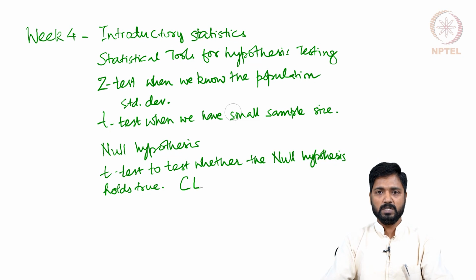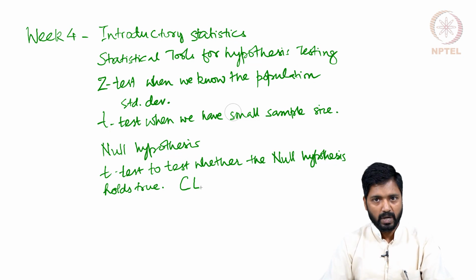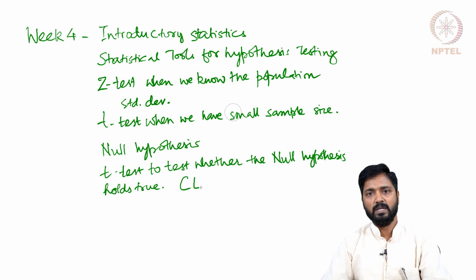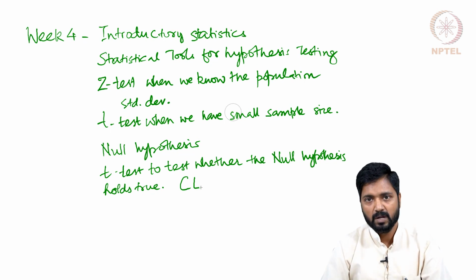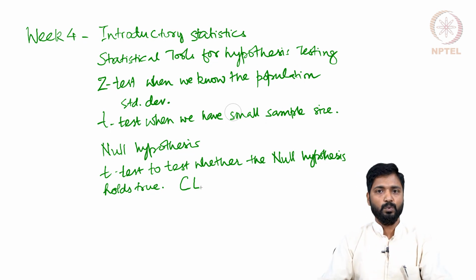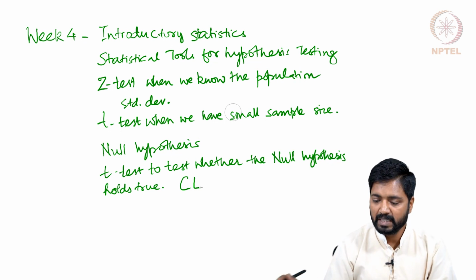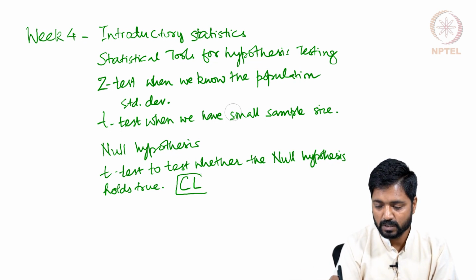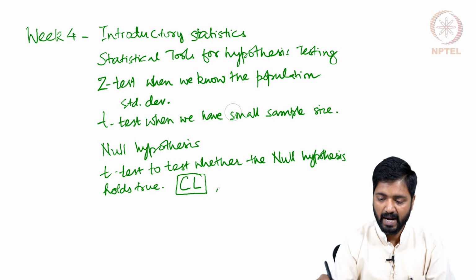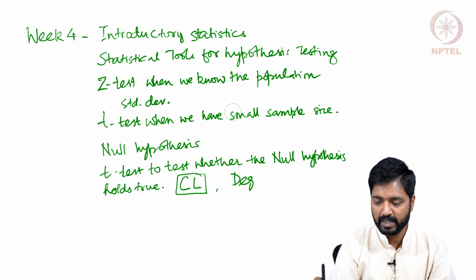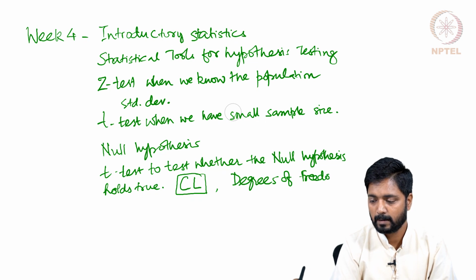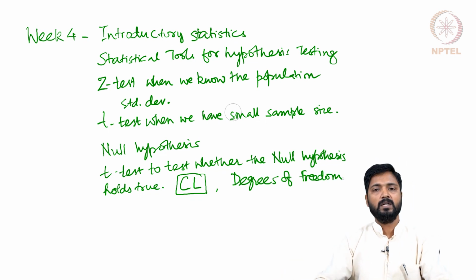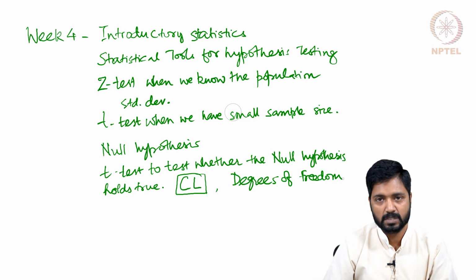So a null hypothesis can be true at, say for example, 95% confidence level, but it may not hold true at a higher or a larger value of the confidence level, and vice versa. So it is very important to keep in mind the concept of confidence level and also the degrees of freedom when we are testing the various hypotheses.